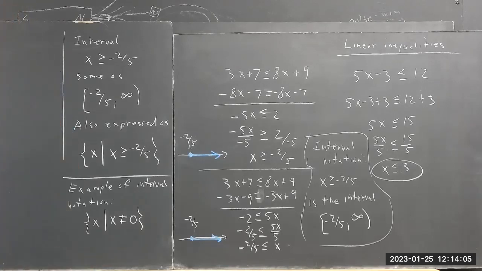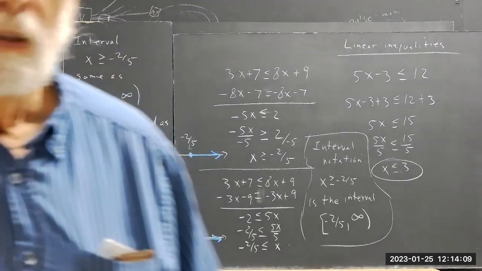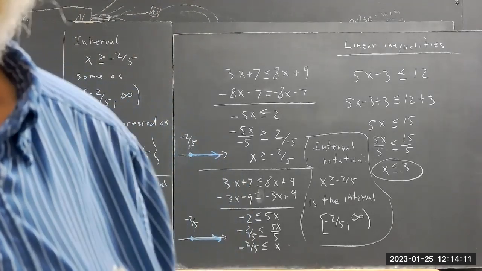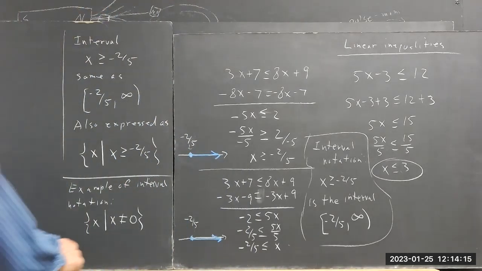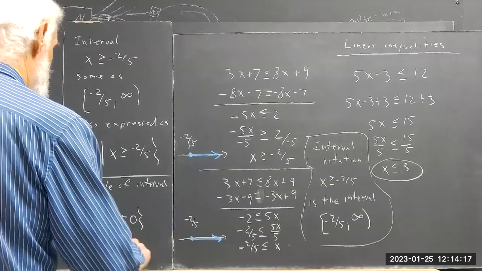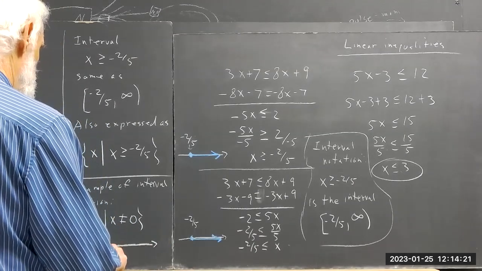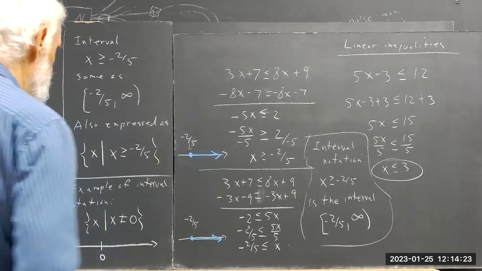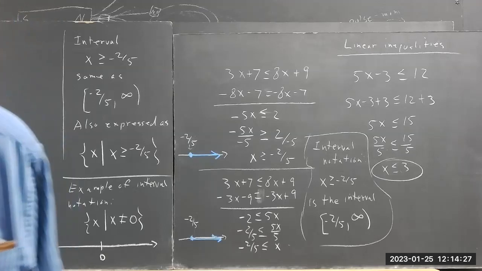Now, the question is, on the number line, how would we indicate the set of all x's that aren't 0? And so here we have the number line. And here we have 0.